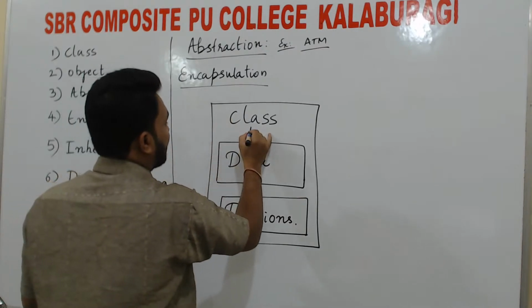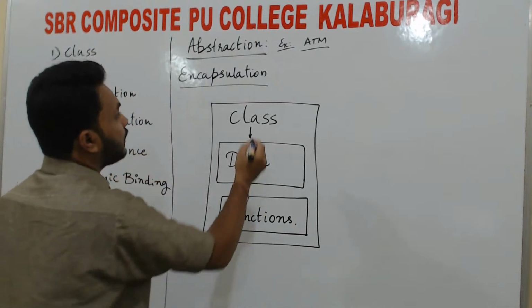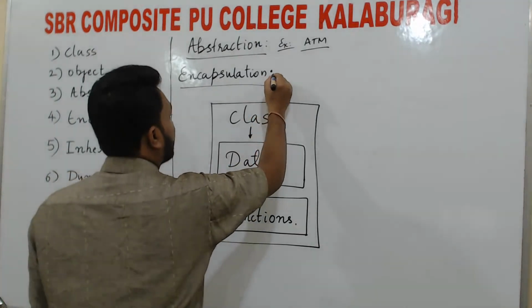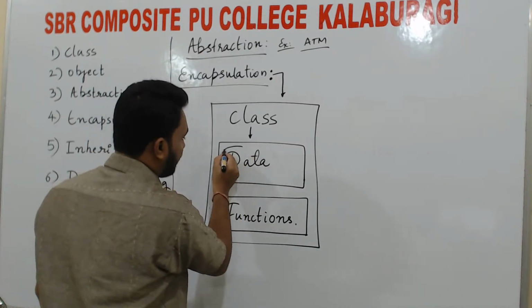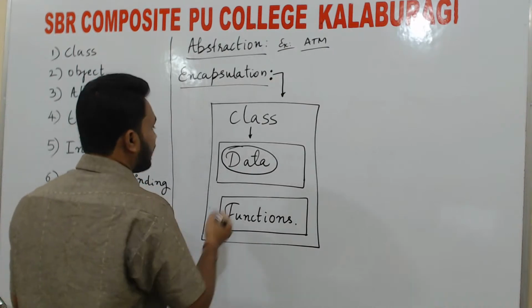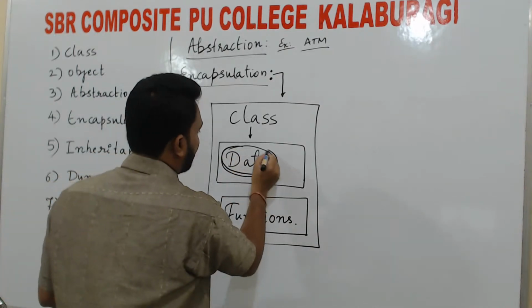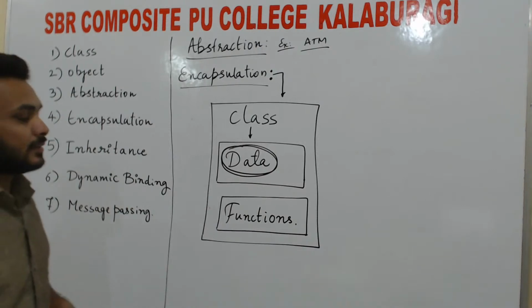Okay, so this class contains data and functions. But when you are going with encapsulation, when you are writing on the concept of encapsulation, this data we are encapsulating. So this concept we call encapsulation.